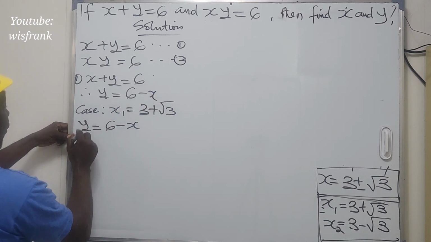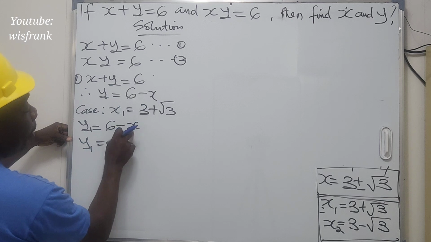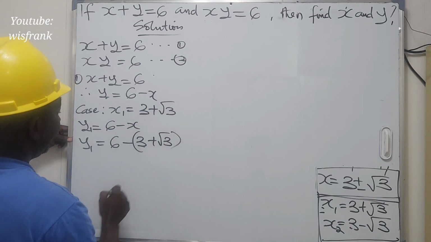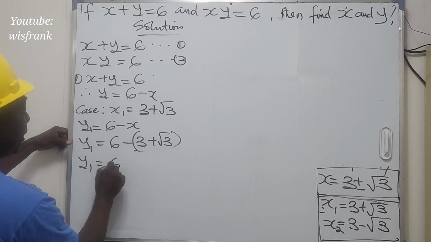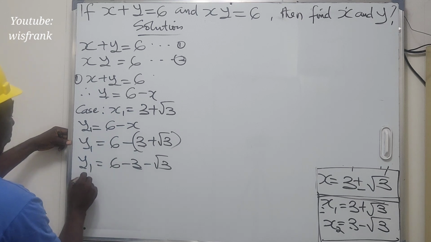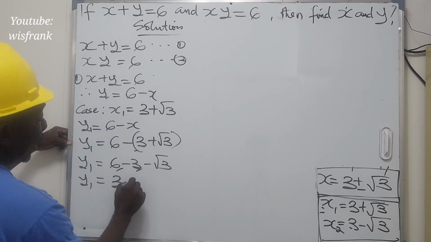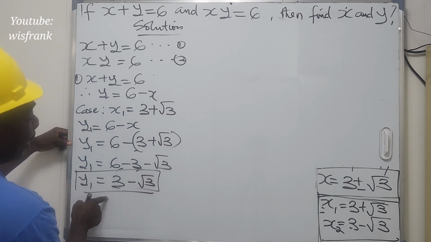So from the value of y, which is y1, we will have 6 minus, in the place of x, we are going to put 3 plus root 3. So for us to expand this, we have y1 equals 6 minus 3 minus root 3. So this will become y1 equals 6 minus 3, equals 3 minus root 3. So this is the value of y1 that we have.